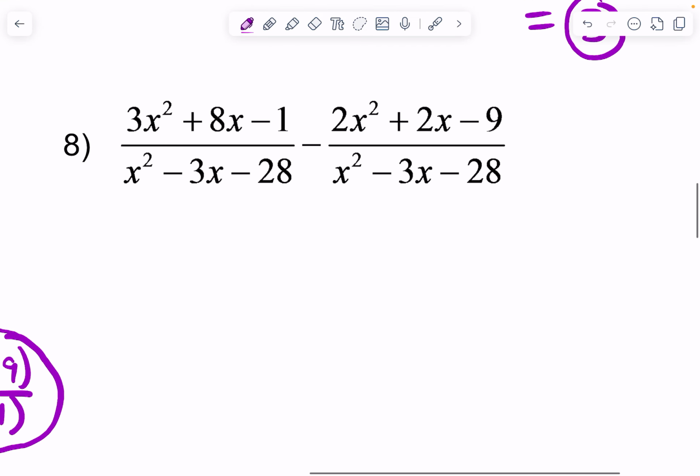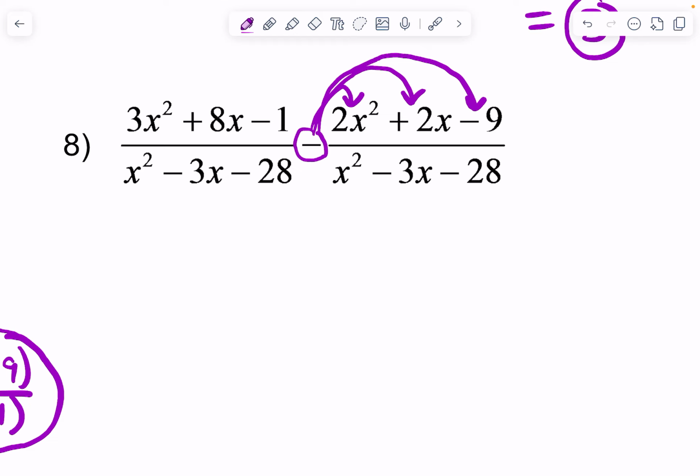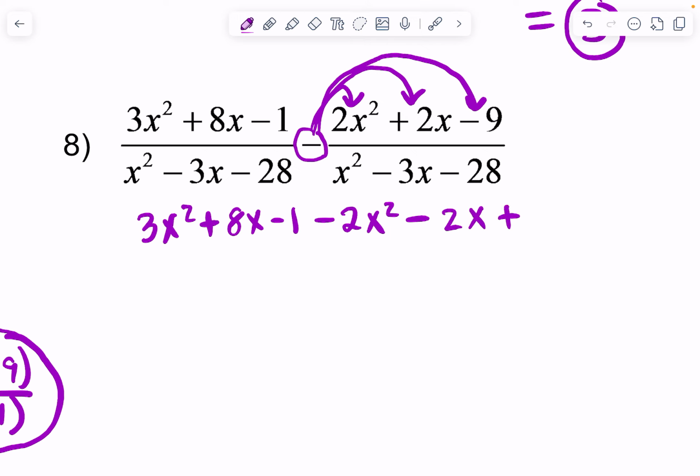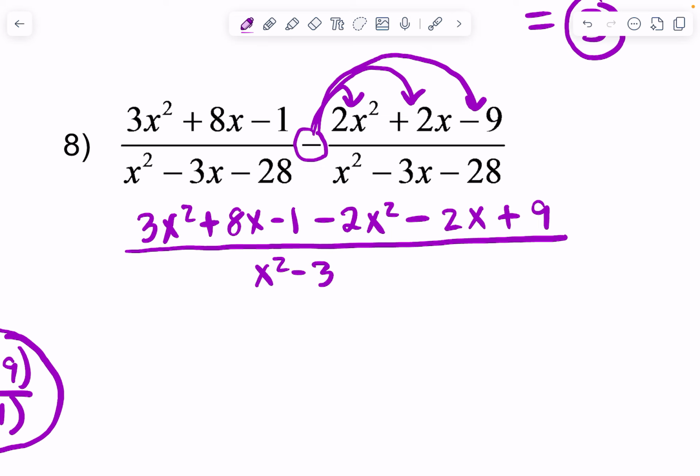All right, so we've got 2 common denominators here, no tricks there, but we do have a negative here, so please remember that when you are subtracting rational expressions, you've got to distribute that negative to everything to the right of it. So this will become 3x squared plus 8x minus 1 minus (2x squared minus 2x plus 9), all of that over x squared minus 3x minus 28, which is the common denominator.